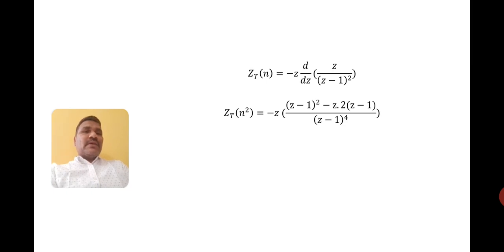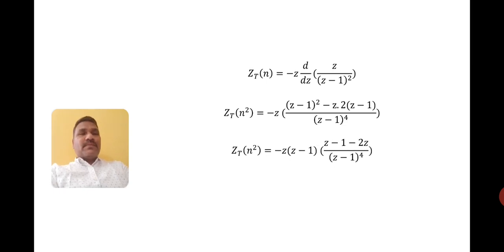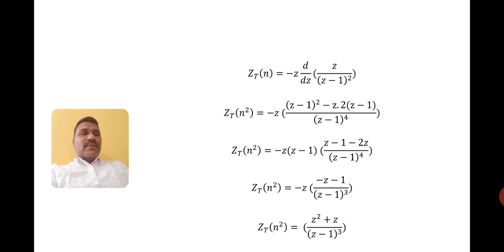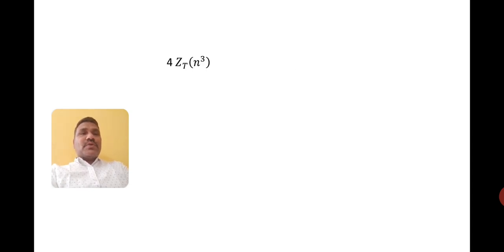The common thing we observe is z minus 1. After simplifying, we obtain minus z minus 1, and the final answer is z square plus z over z minus 1 whole to the power 3. These are the basic things you have to remember.